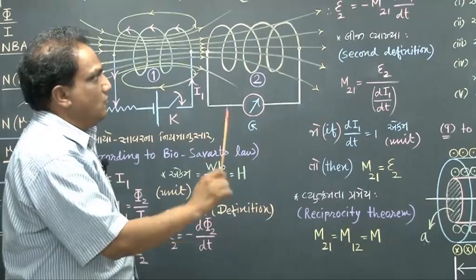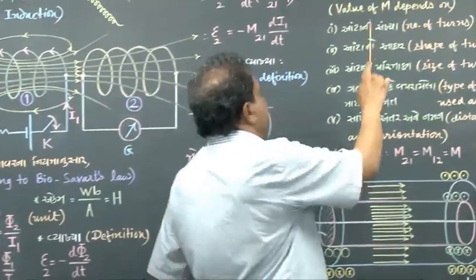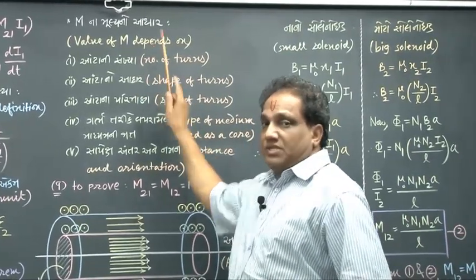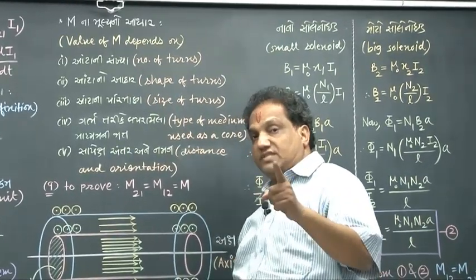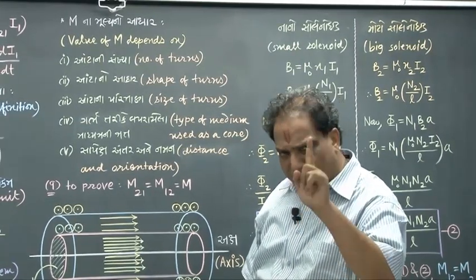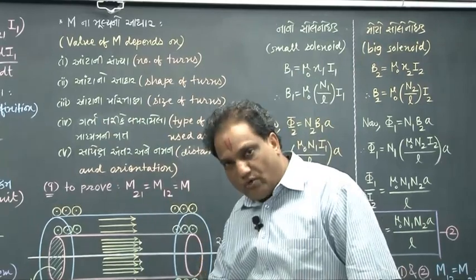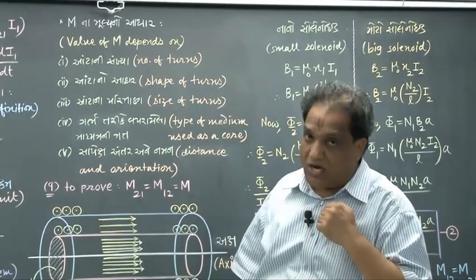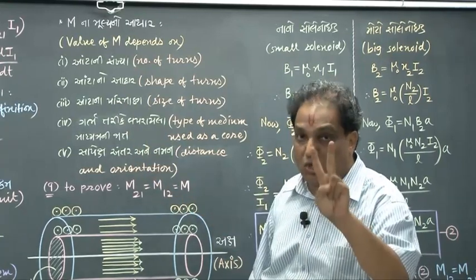Now let us talk about on which factors the value of M depends. See, the value of capital L, self inductance, you remember, depended on 4 factors. The same 4 factors you have to write here also, but in case of self induction we were talking about only 1 coil, and here we are talking about 2 coils.